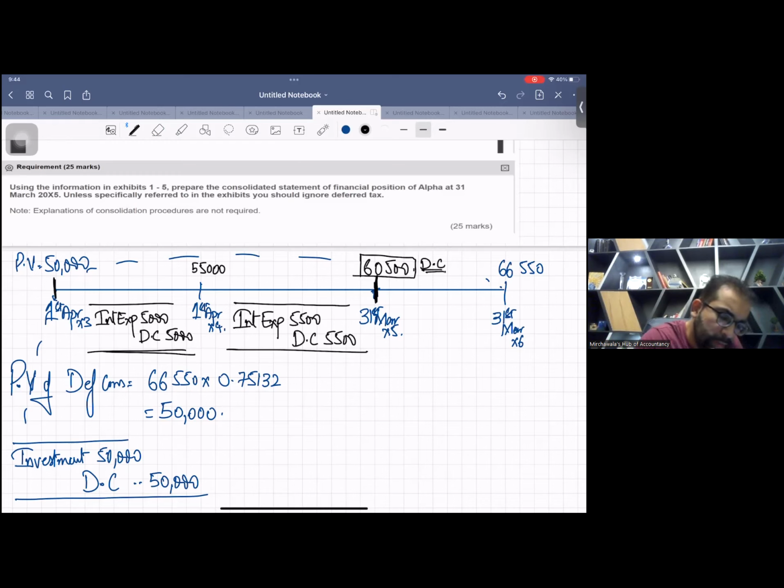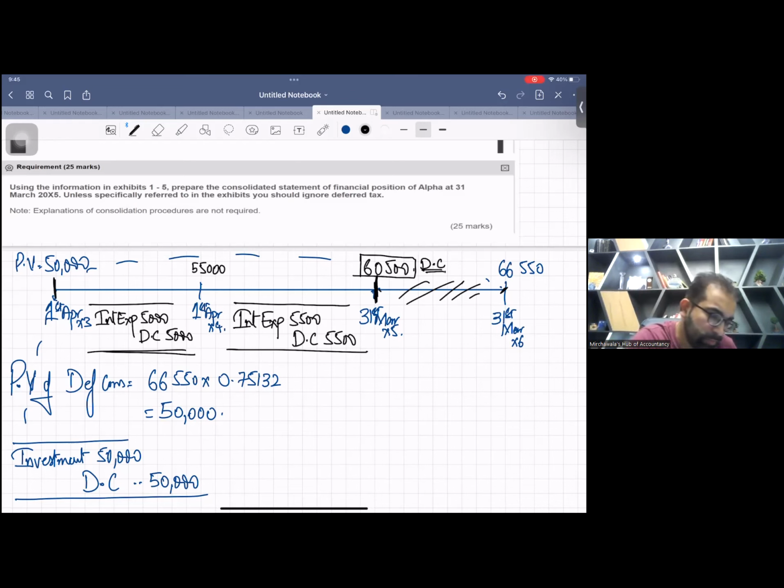This is your year-end liability DC, 60,500. Okay, so in your SOFP, you will write current liability of 60,500. Why current liability? Because you have to pay within 12 months. There is only 1 year gap between 31st March X5 and 31st March X6.